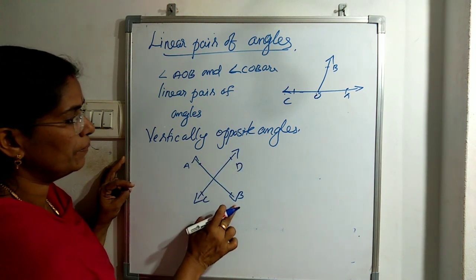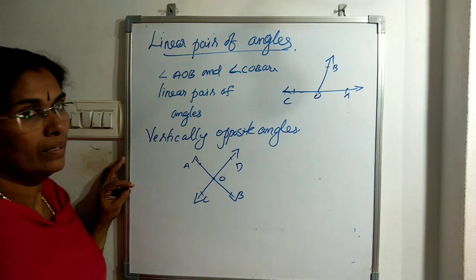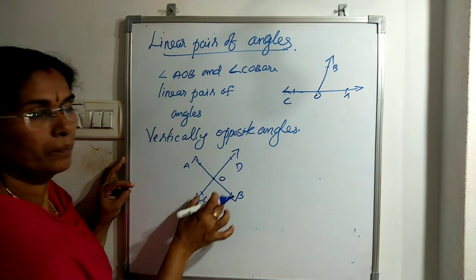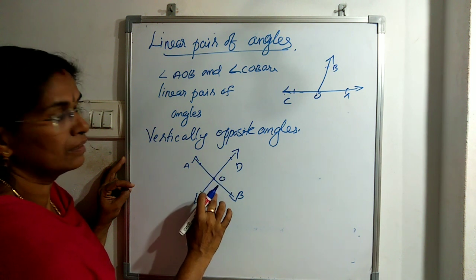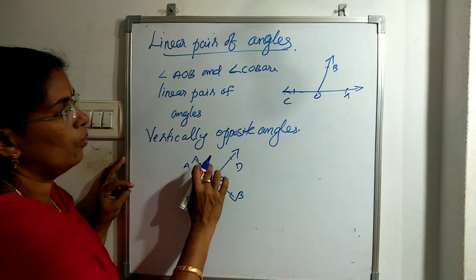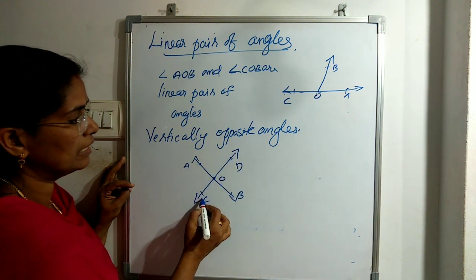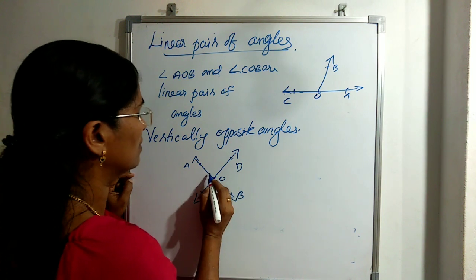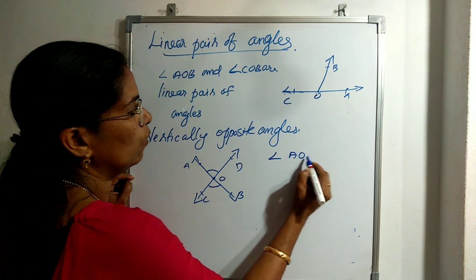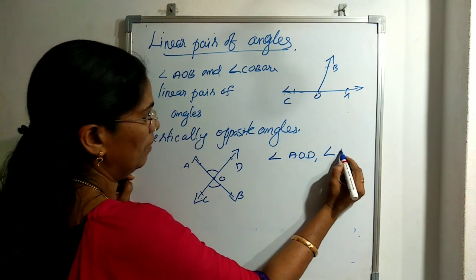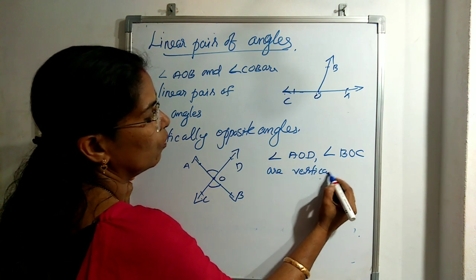These two lines AB and CD are intersecting at a point O. So we will get 4 angles. The opposite pair of angles are called vertically opposite angles. Here angle AOD and angle BOC are vertically opposite angles. We can represent this like this with one line.